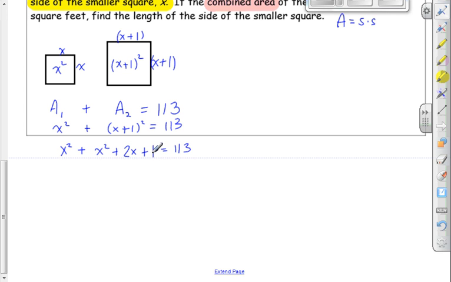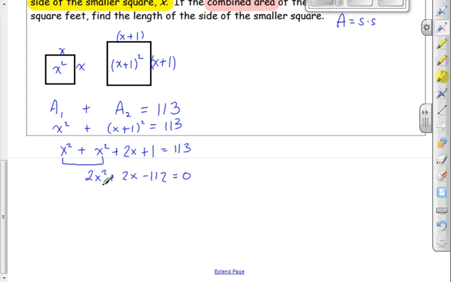X squared plus 2x plus 1. Now we can combine our like terms. We have 2x squared plus 2x, and subtract 113 from both sides to get this in standard form. We're left with 2x squared plus 2x minus 112 equals 0.